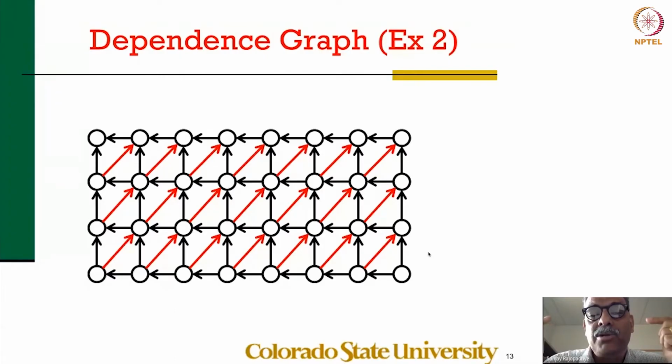That iteration must execute before iteration IJ. Do you agree? So in our program, there is this extra dependence that we must account for. Okay. For the time being, we are going to ignore them.